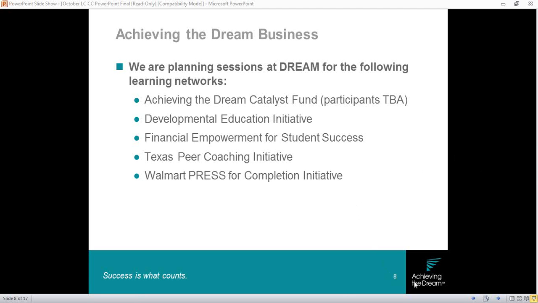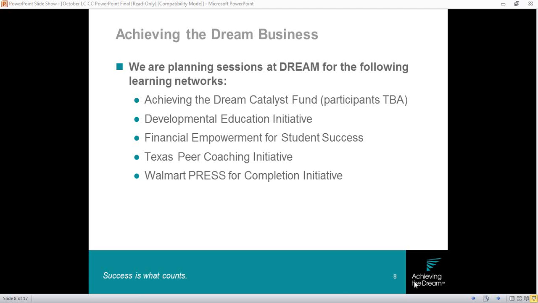Similarly, we've made a commitment to reconvene all of the 15 colleges that were in the Developmental Education Initiative, and we've committed to convening the 15 or so colleges that are in the Financial Empowerment Project. We are going to make space for the 7 colleges that are in the Texas Peer Coaching Initiative to get together.